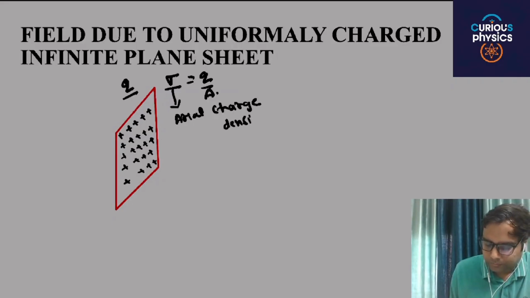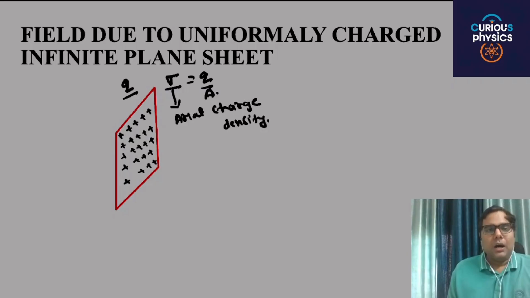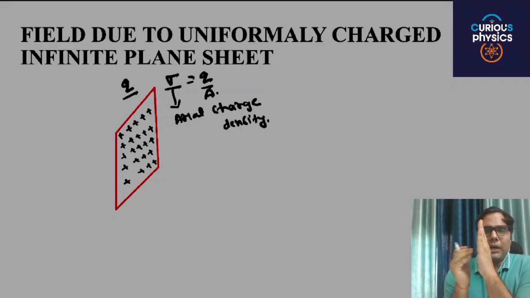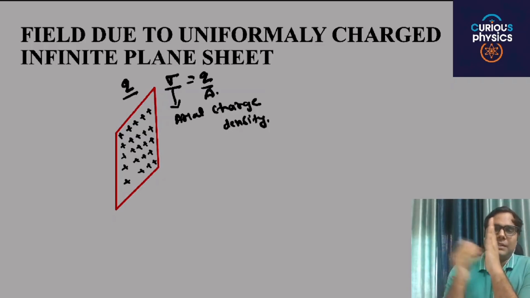Okay. Now in the case of this particular plane sheet, you have to find the area. If this is a sheet, the electric field will be in outward direction, but on both the faces, one toward this face and one toward the other face.